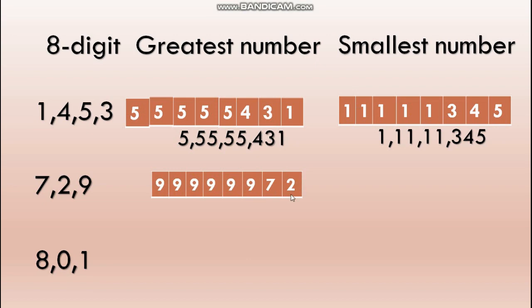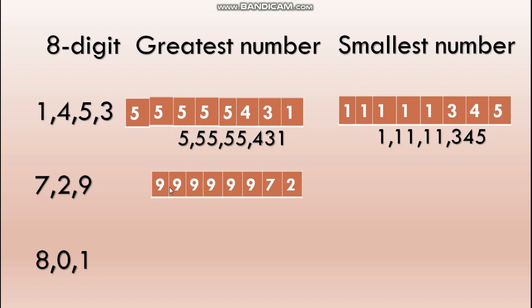Now 3 digits are done. We have to write 5 more digits. Look at the largest digit, which is 9, and write it 5 more times at thousands, 10,000, lakh, 10 lakh and crores place.